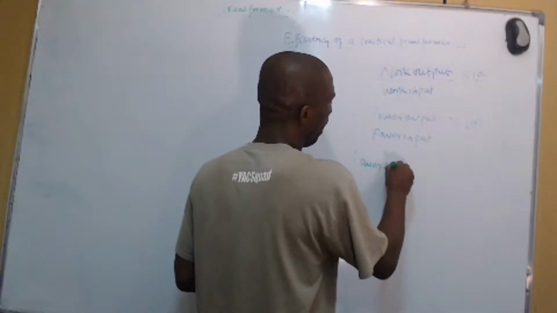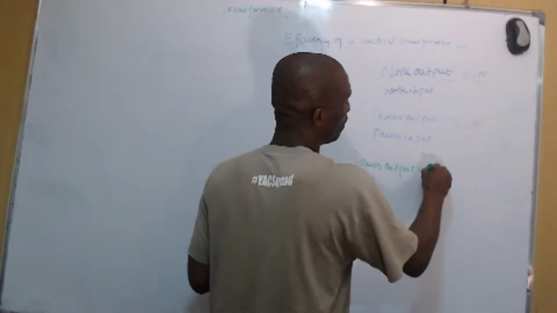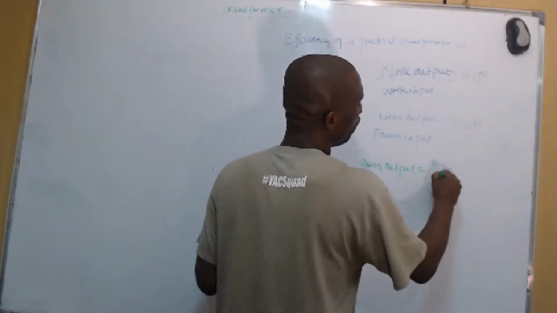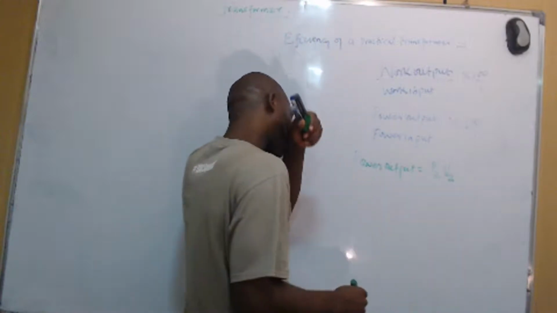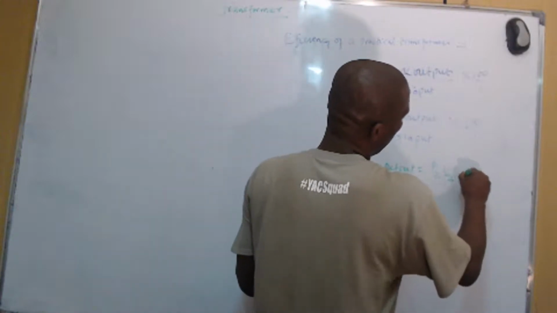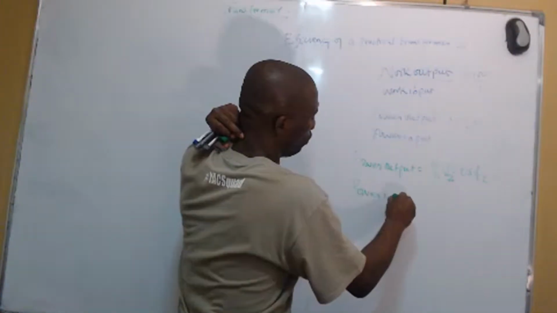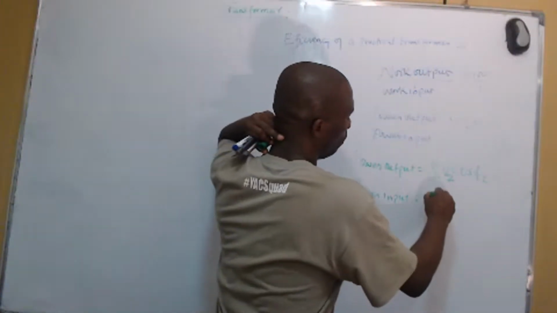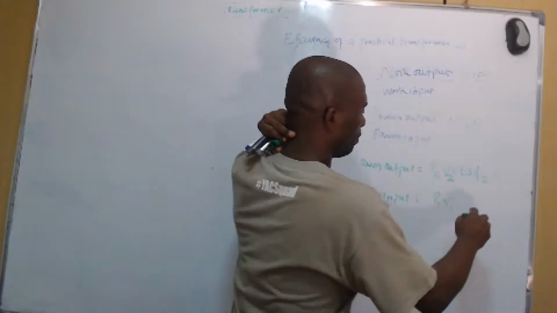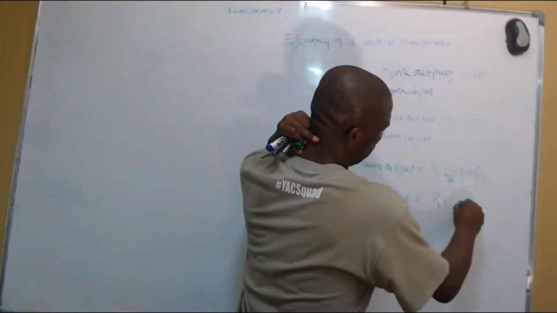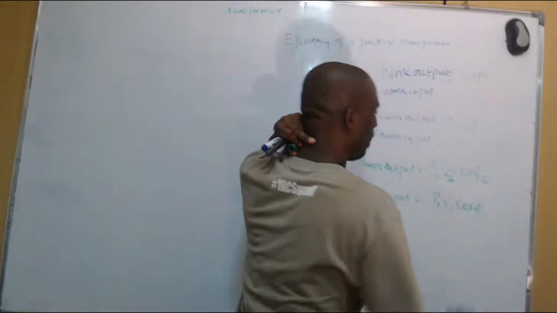Power output is equal to P2 V2 cos phi 2. Input is equal to P1 V1 cos phi 1.